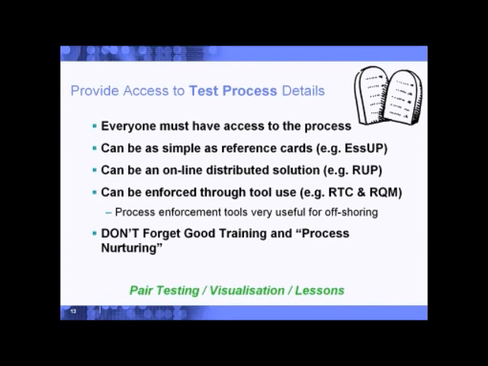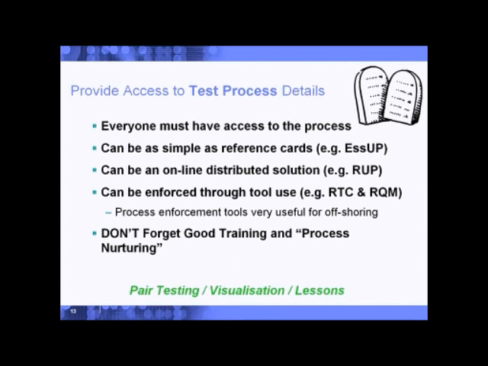So Ivar Jakobsen, in their essential process, the ESUP, they have a very neat way and a very simple, very pragmatic, very practical way of delivering best practices to the stakeholders on the project. Now, the project they described was a very large government project with lots of stakeholders working in different parts of the project, sometimes in different sites. So essential to make sure that everybody was reading from the same hymn book, if you like.